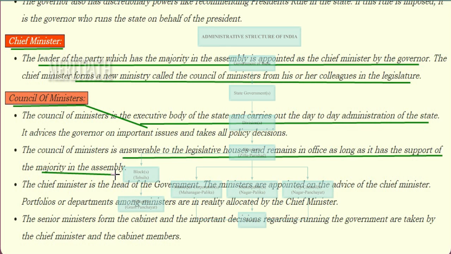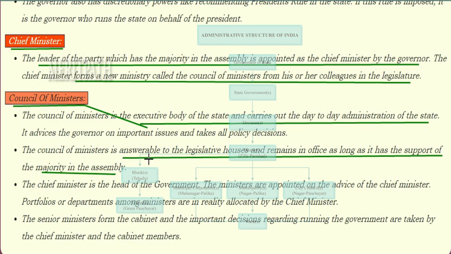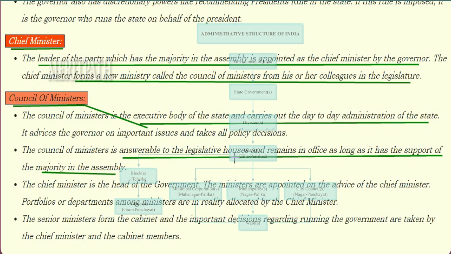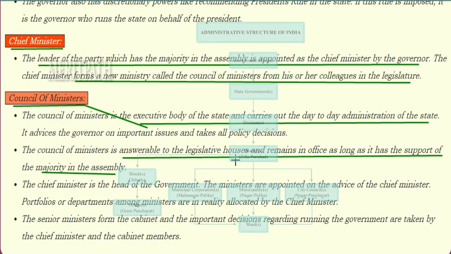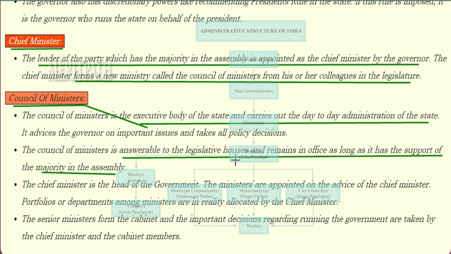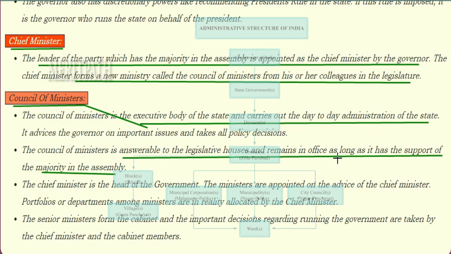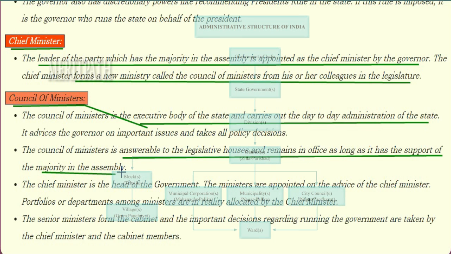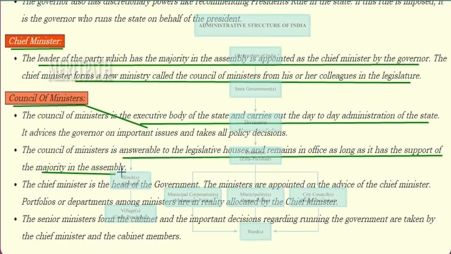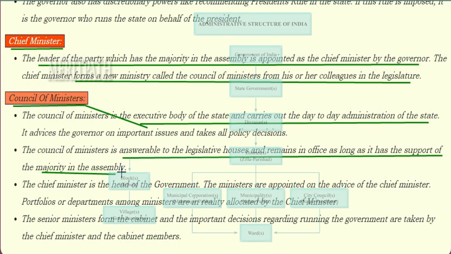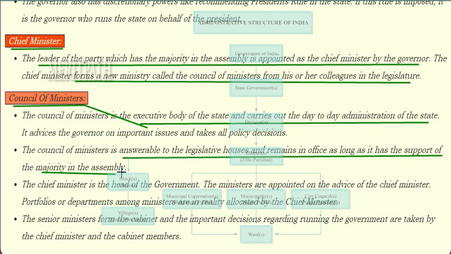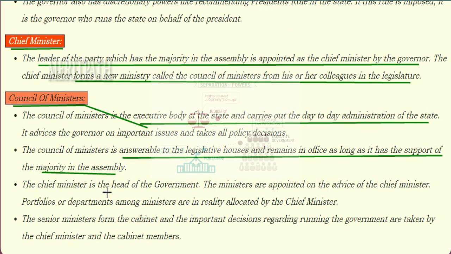These council of ministers are answerable to the legislative houses, and they remain in power as long as they have the support of the majority in the assembly.